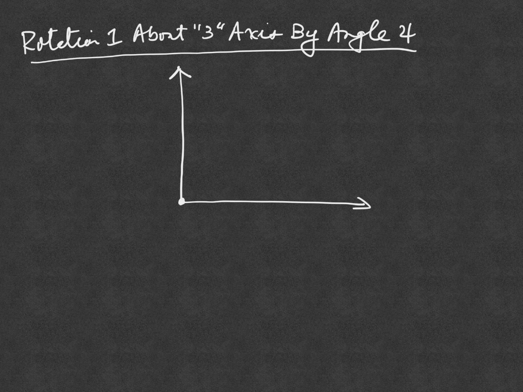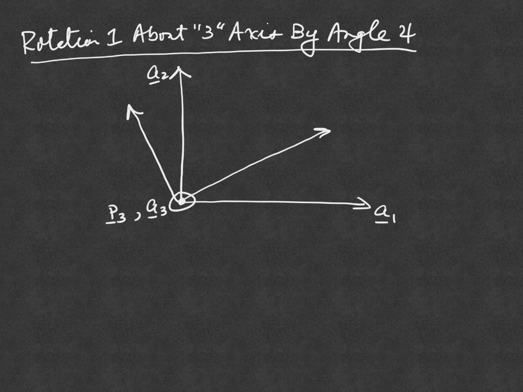So this rotation looks exactly the same as what it looked like in the 3-1-3 Euler angles because it's the same first rotation. So we start with A1, A2, and A3, and then we rotate about A3 equals P3 to get the basis P1, P2, and P3. So this angle is psi.